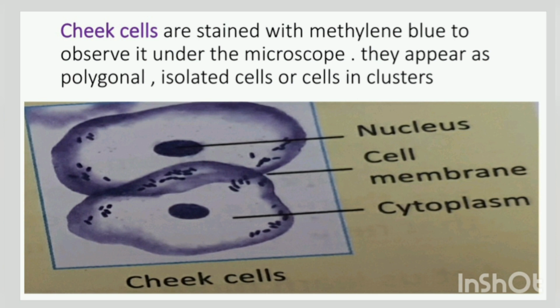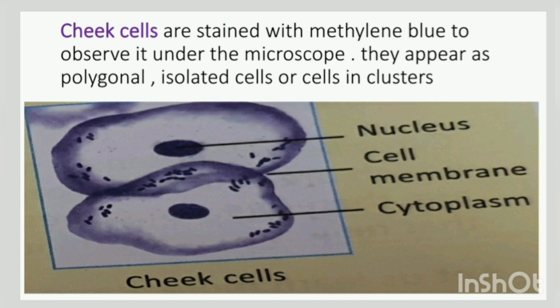Scratch it gently on the inner side of your cheek, and then rub it on the center of a clean glass slide. Put a drop of the stain methylene blue over it, cover it with a cover slip and watch it under the microscope. You can see how the cheek cell will appear in the picture. We can clearly see the cell membrane and the irregular shape of the cheek cells, with a nucleus and cytoplasm in it.